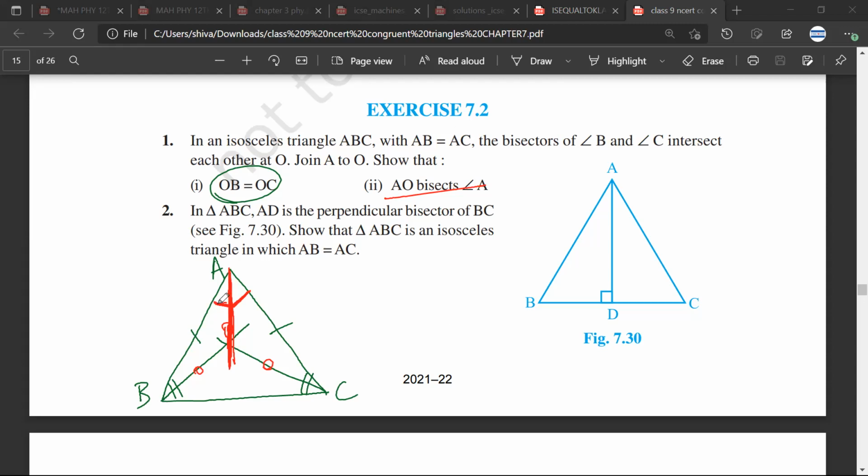Basically, what you need to prove is that this triangle is congruent to this triangle. Can you try to do that? Yes, sir. Tell me.